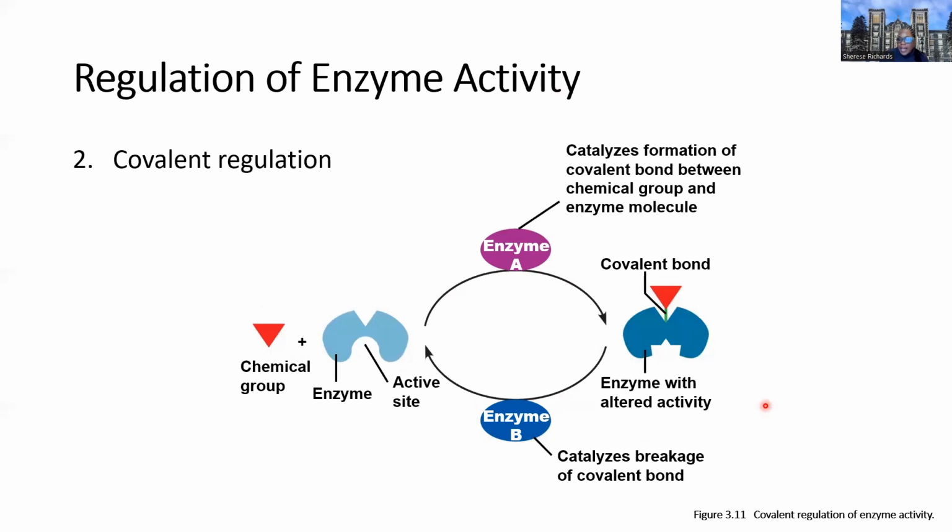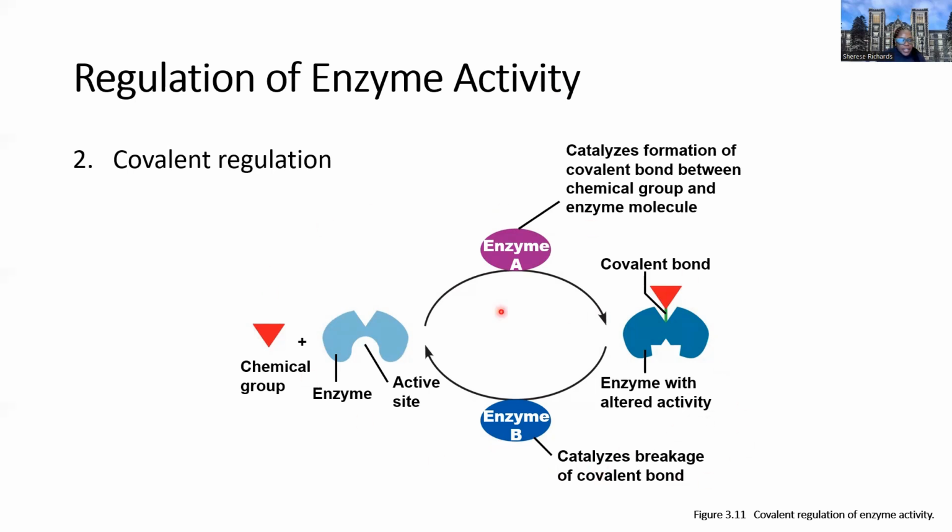The opposite of that is catalyzing or breaking of that covalent bond, and that is going to return the enzyme in question back to its original state without the chemical group, and that is done by enzyme B. So two other enzymes are involved to help change the state of the enzyme that we're regulating to either turn it on or turn it off, speed it up, slow it down, regulate its activity in some way.